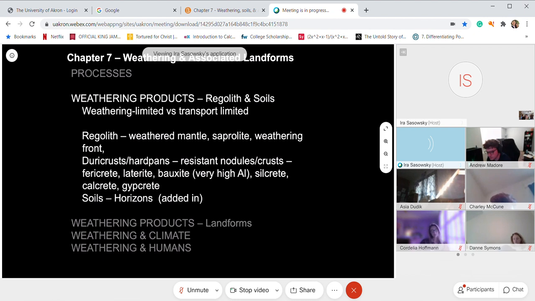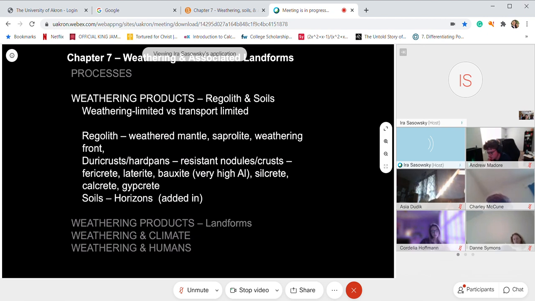So you can think of this as a form of cementation, of a joining together of the regolith material. And these can be quite important because they can be extremely resistant to weathering and end up capping hills and reducing erosion and so forth.